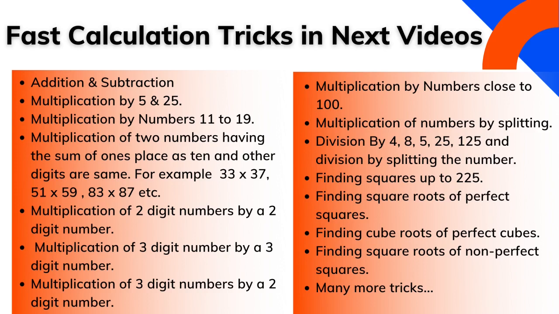We'll also learn finding the square root of perfect squares, finding cube root of perfect cubes. We'll be learning the short tricks for finding square root of non-perfect squares, and we will learn many more such tricks.